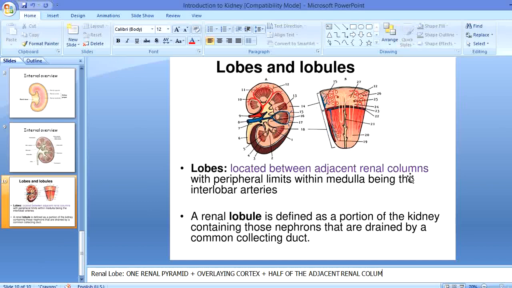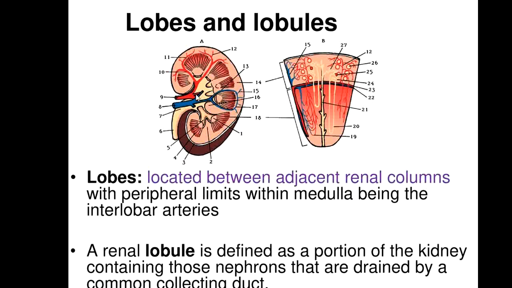In this diagram you can see that, for example, this area is a lobe. Each kidney contains 8 to 18 lobes, because the renal pyramids are also from 8 to 18. That varies from kidney to kidney.